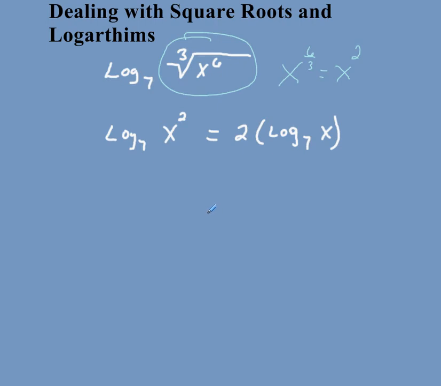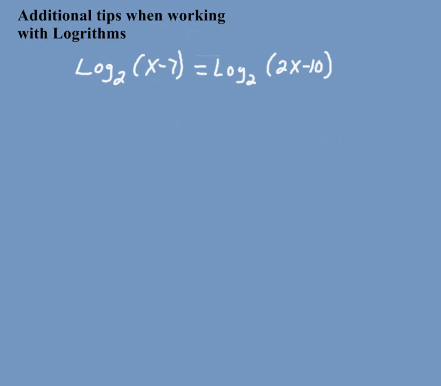We've got one more thing we need to discuss, and that is additional tips when working with logarithms. Now, you have log base 2 of (x minus 7) is equal to log base 2 of (2x minus 10).